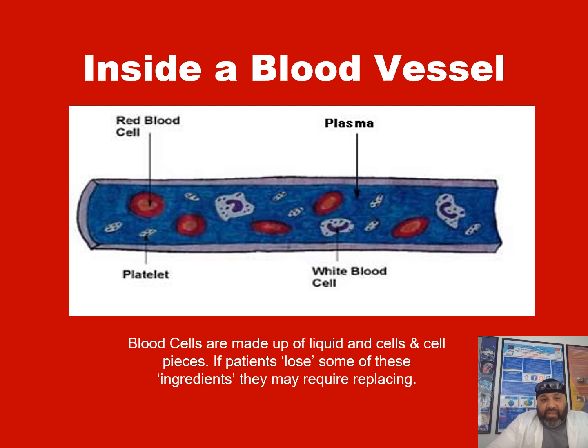Within a blood vessel you have your red cells, platelets, plasma, and white blood cells. Generally speaking, blood is made up of liquid and cells and cell pieces, for lack of a better terminology. And if patients lose some of these ingredients, they may require replacing.